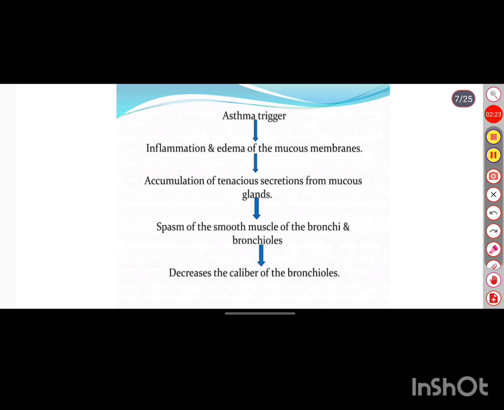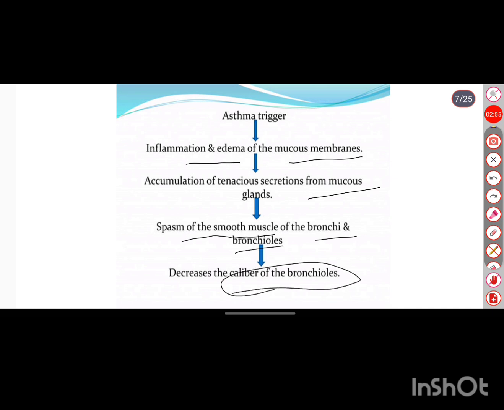If you see the pathophysiology of asthma, any of the causes, the asthmatic triggers, result in inflammation and edema of the mucous membrane. Whenever the mucous membrane gets inflamed, mucus secretion increases, and it also causes spasm of the smooth muscles of the bronchi and bronchioles, which decreases the caliber of the bronchioles.